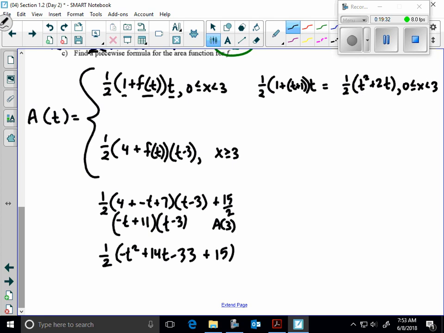Combine some like terms here. It looks to me like what we would get for this portion of the piecewise function would be, I'm going to leave that 1/2 on the outside. That should be a negative t squared plus 14t and minus 18, which would be good on that interval.